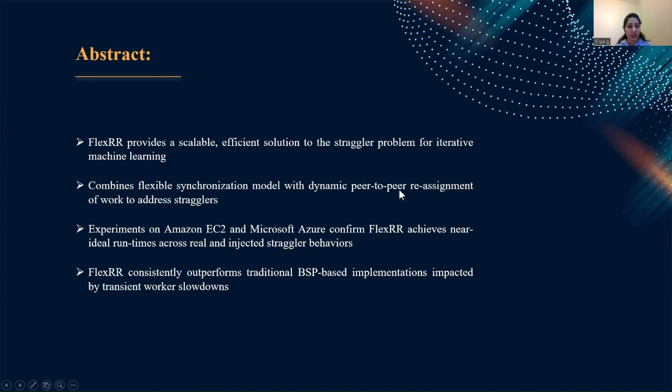And dynamic P2P reassignment means when stragglers are detected, FlexRR redistributes the work they were supposed to do to other available computing nodes. This dynamic reassignment ensures that the overall workload remains balanced, preventing the stragglers from significantly delaying the computation.